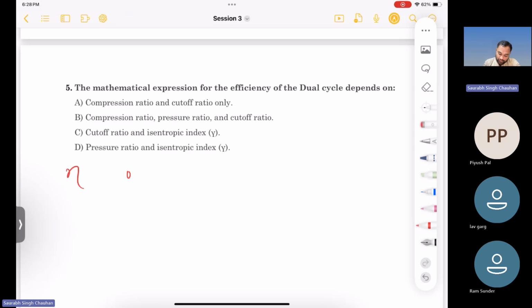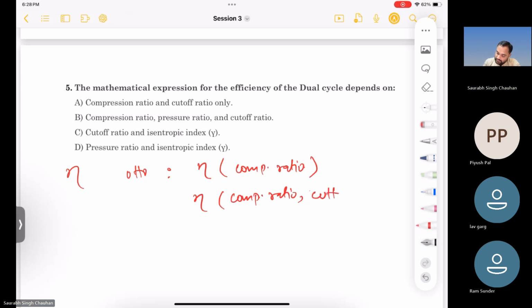So the efficiency of the Otto cycle depends only on the compression ratio. For the diesel cycle, it depends on the compression ratio and the cutoff ratio.